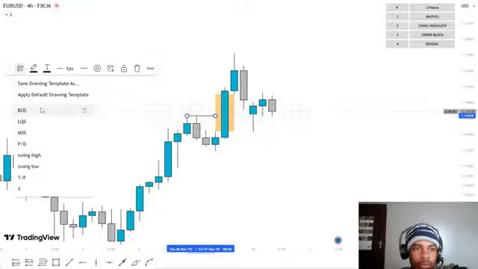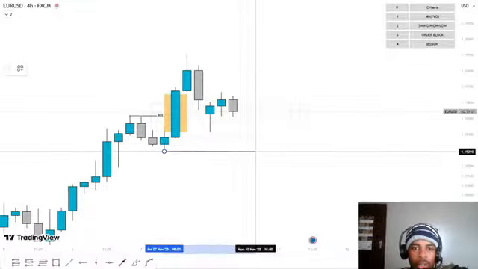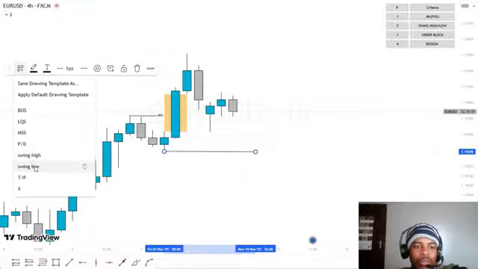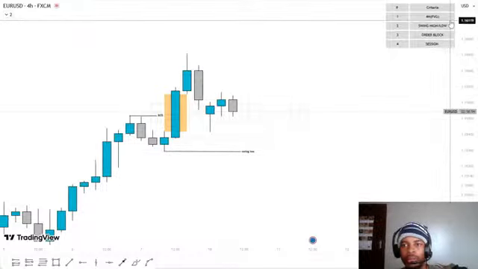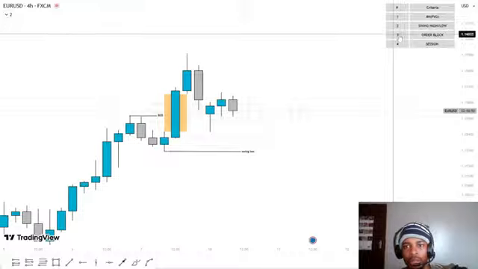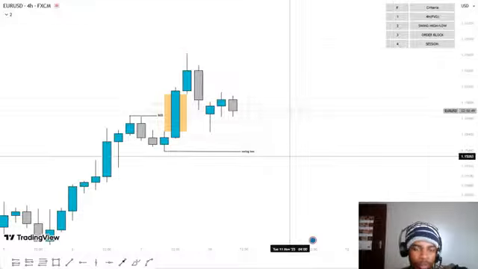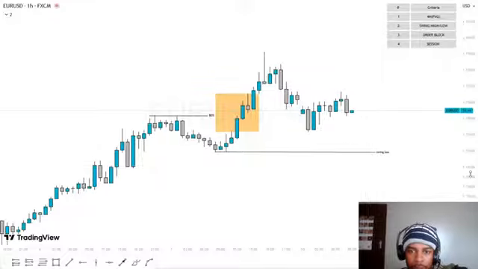After breaking structure, this is our low. Before we are convinced to take a trade, the rules are: 4 hour fair value gap, swing low, swing high. We find these on the 1 hour.